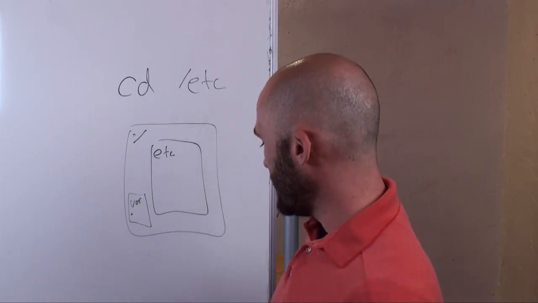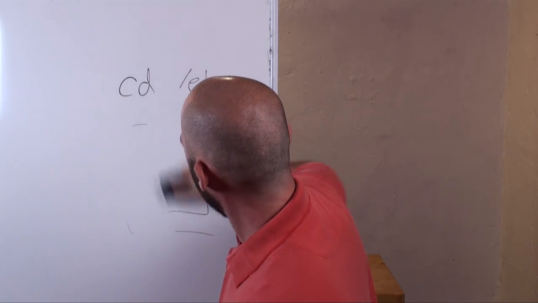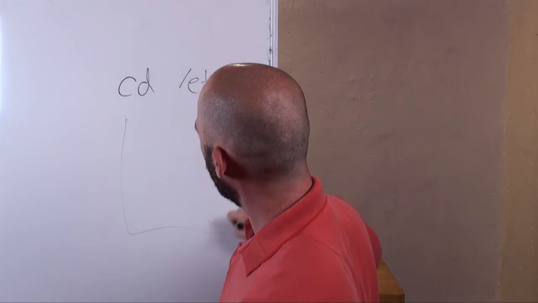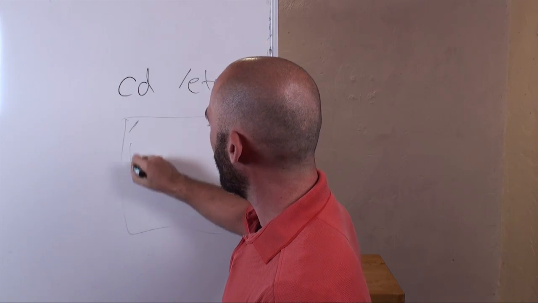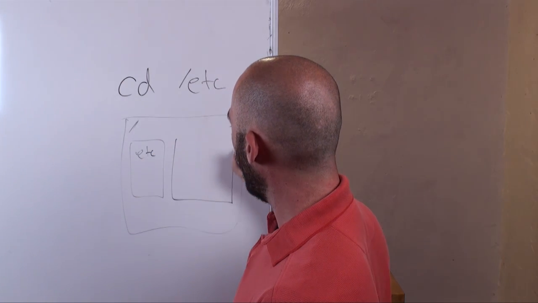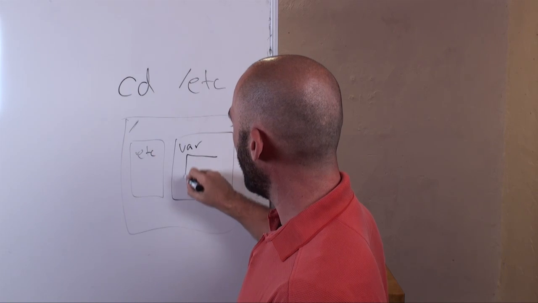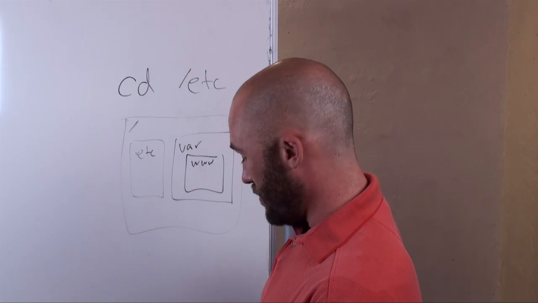The reason is let's say we have a bigger folder structure here. And so you have the root here, then you have your folder etc, right? Now let's say you have your folder, I don't know, var, and in this folder is www.